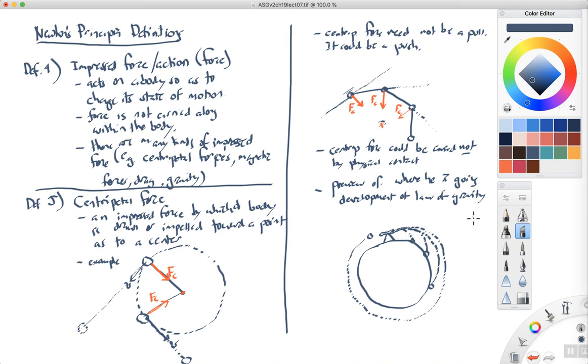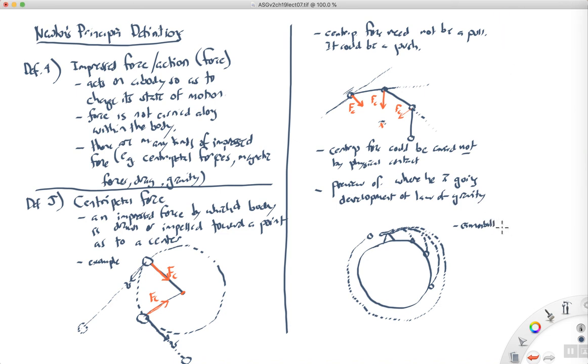And so what would happen is this cannonball, let me get rid of these to get them out of the way. The cannonball, if shot horizontally with enough speed, would always be falling, but would never strike the Earth.